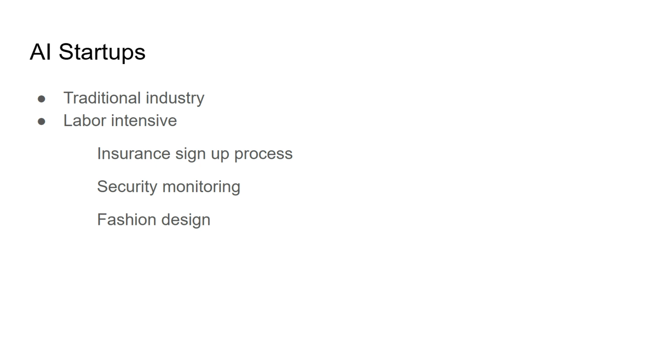I can give you three examples of what people have been doing. The first one is the insurance sign up process. In a health insurance company, it used to take 17 steps and 11 teams to sign up one member, because there are a lot of things you need to do.